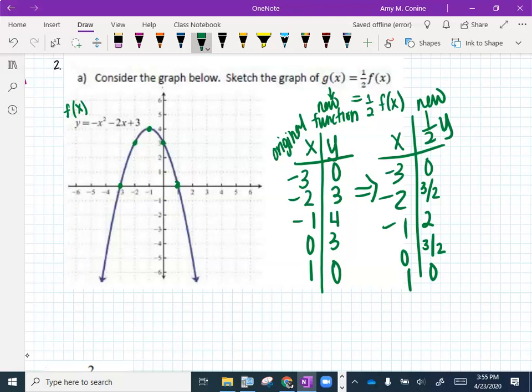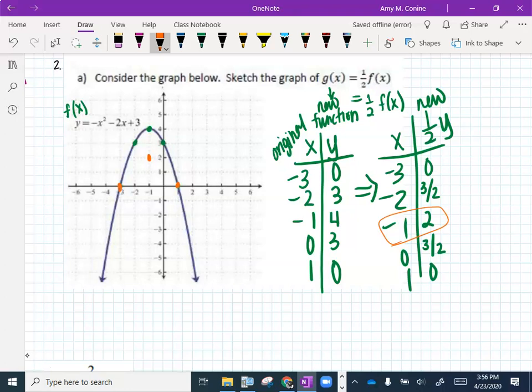So when we graph this new one, we still have these. I'll use my bright color. This -3 and 1 are the same, but the points in between change. This -1, 2 in particular, where the maximum is, changes drastically.